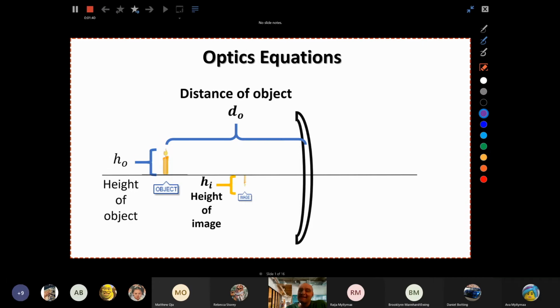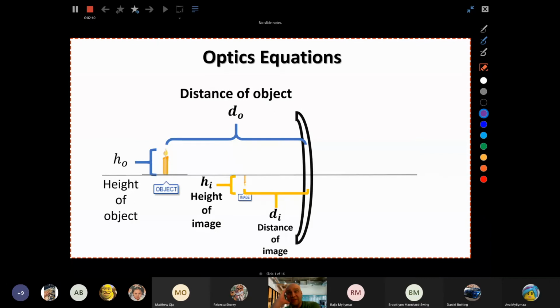We're going to call it the height of image, HI. And you guessed it, we've also got our distance of the image to the mirror, the DI. We've got the HO, HI, and the DO, DI. So these are all things that if you draw a picture, you could measure.